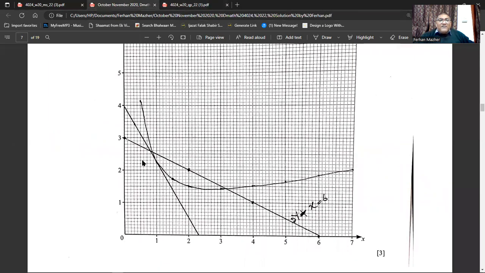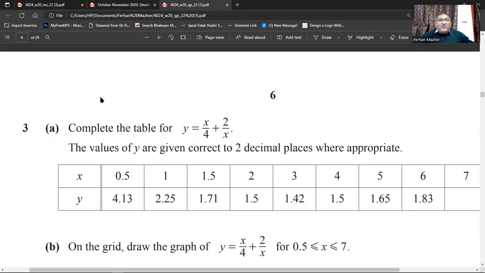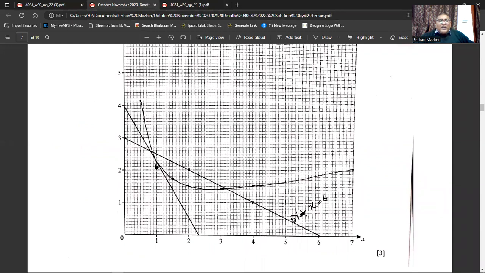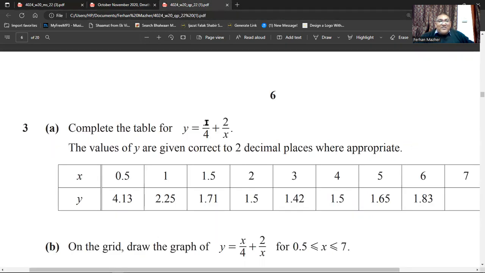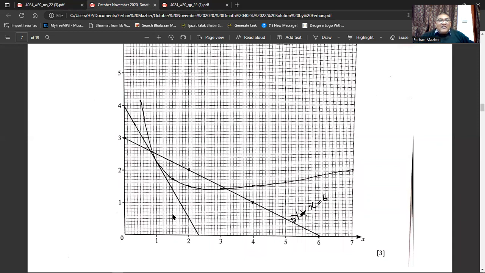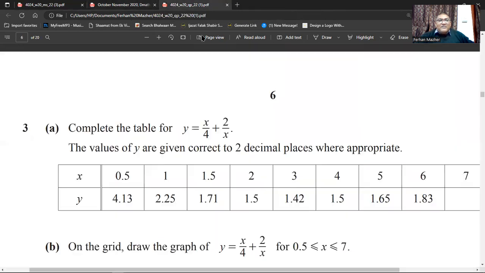0.5, 4.1. This is the point. Then you have 1, 2.25. At 1, 2.25, this is the point. This is 2.25, not 2.5. Then at 1.5, I have 1.71. At 2, you have 1.5.